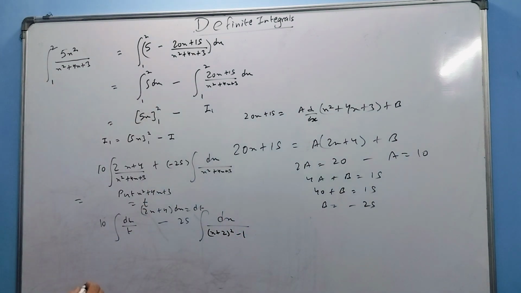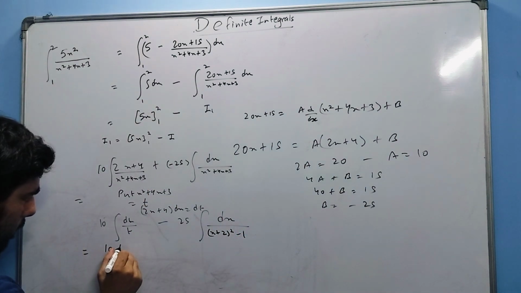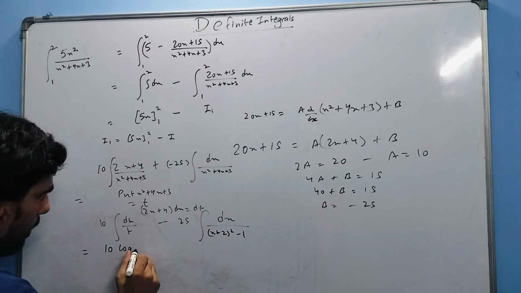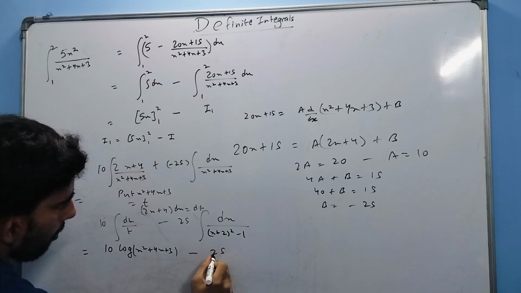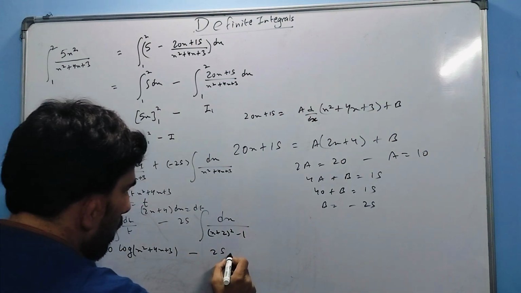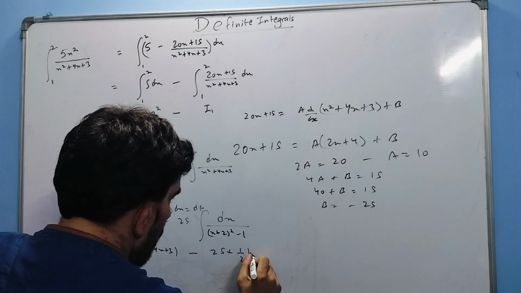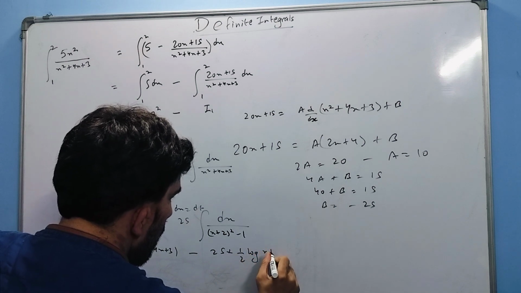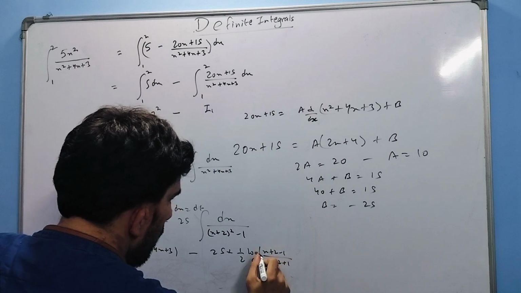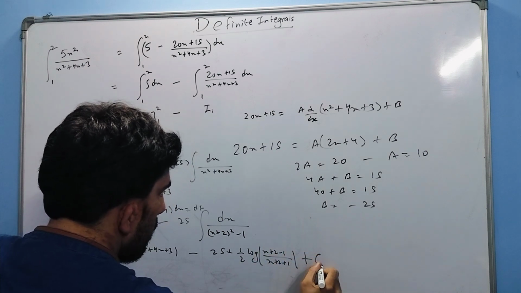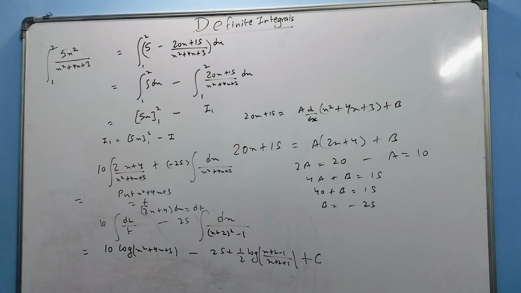Okay, so now we know 10 log t, that is x square plus 4x plus 3, minus 25, and this will be 1 upon 2 log of x minus a upon x plus a, plus c. So that is how I got my answer here.